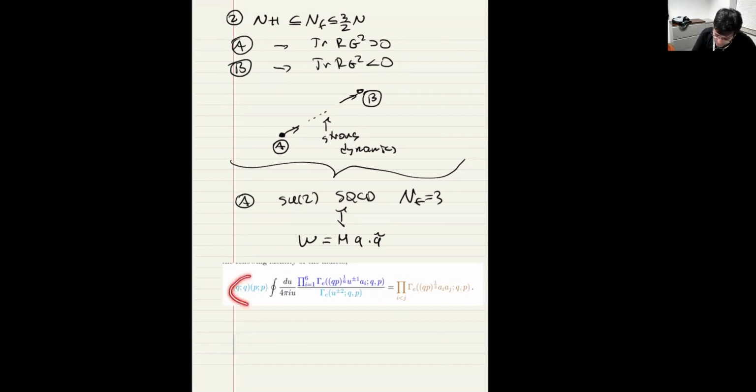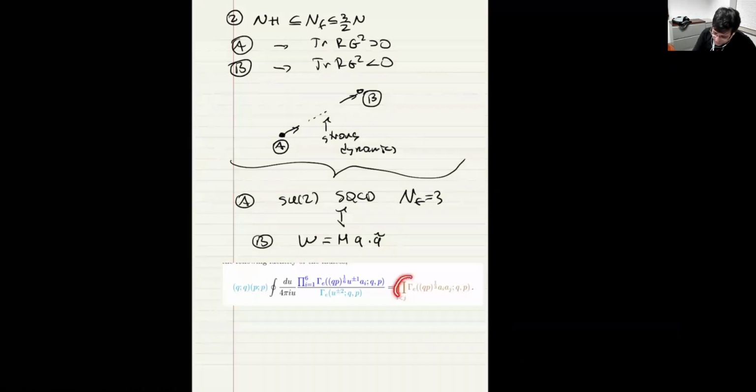Then you compute the index of this theory using the tools that we have defined. Computing the index using description A, it is a gauge theory with SU(2) gauge group. You will get a certain integral, and this is the integral which is written here. But using description B, you don't have any gauging. You just have a collection of chiral superfields.